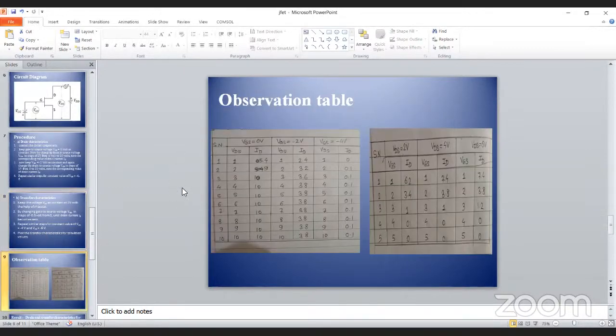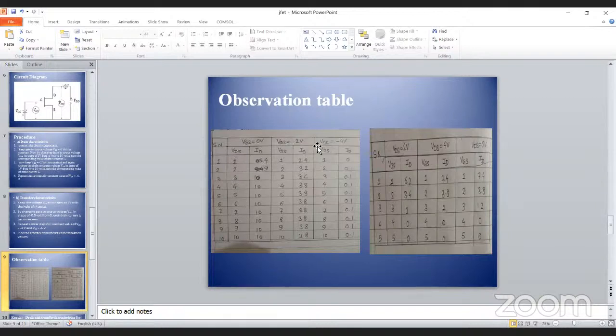These are the observation tables of the drain characteristic and transfer characteristic. First we keep constant VGS equal to 0 and with the help of the knob we increase voltage across drain and source and measure the drain current.